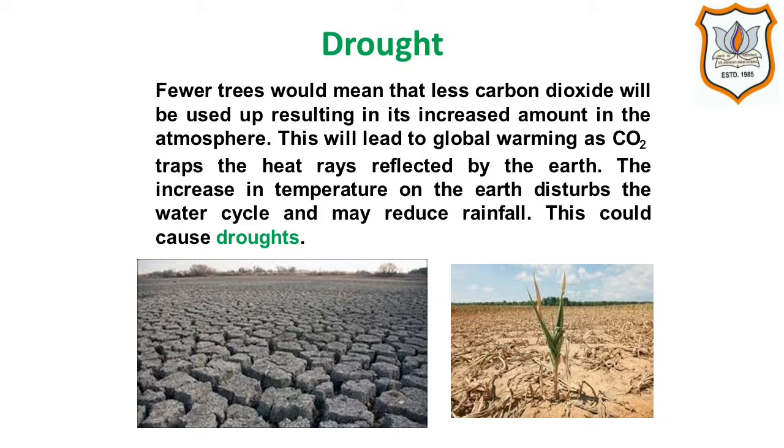This will lead to global warming, as CO2, which means carbon dioxide, traps the heat rays reflected by the earth. The increase in temperature on the earth disturbs the water cycle and may reduce rainfall. This could cause drought that you can see in the picture.